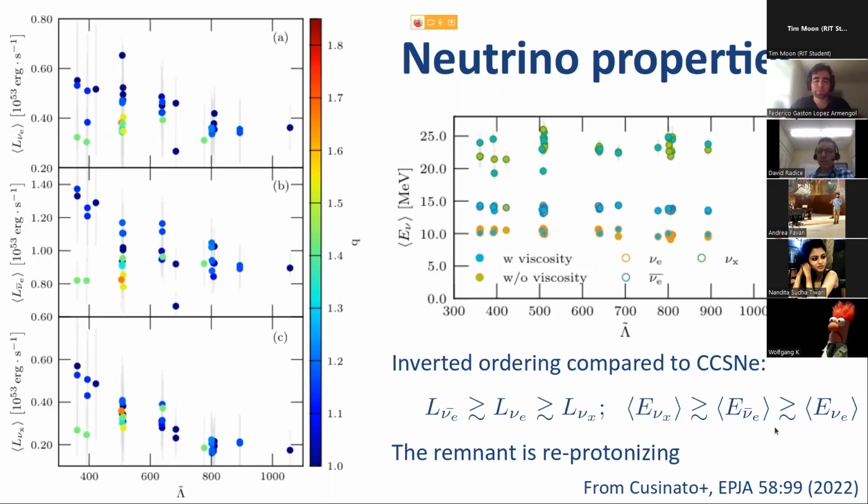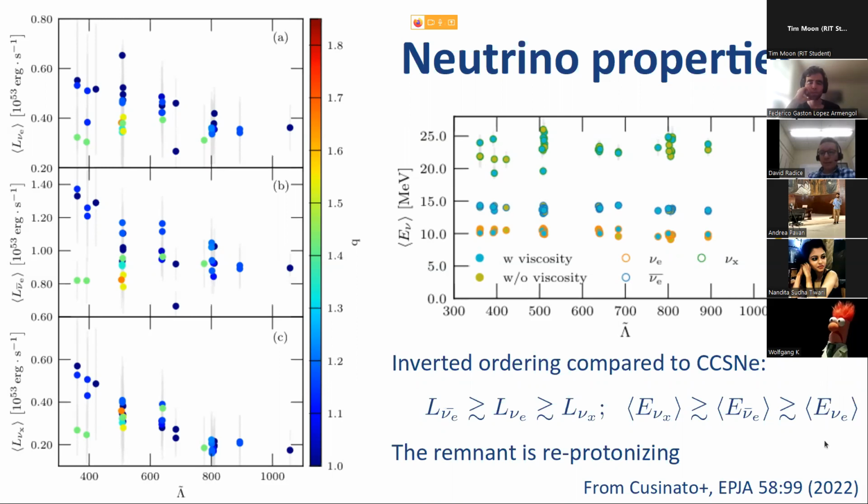We understand this because the heavy lepton neutrinos decouple at higher densities and temperatures. And also we find that anti-electron neutrinos dominate because, after the merger, because of the increased density in the remnant, it is actually more energetically favorable to protonize the remnant. So instead of deleptonizing like a core collapse supernova remnant, a proto-neutron star, the neutron star merger remnant tends to releptonize.